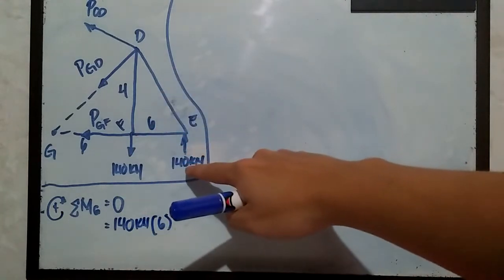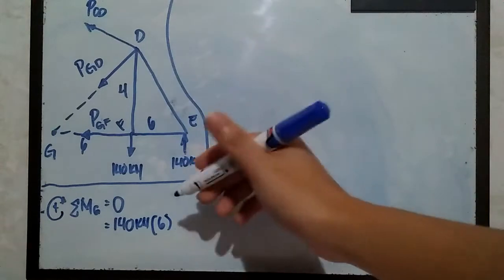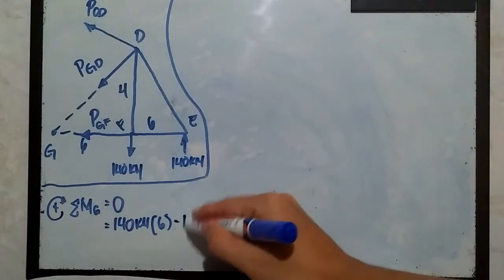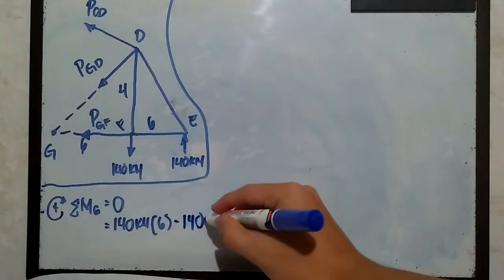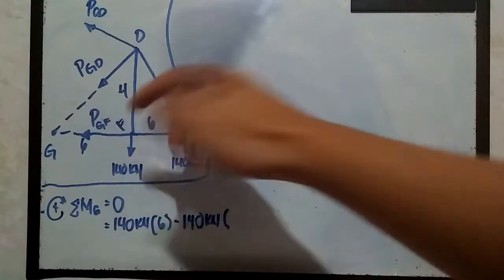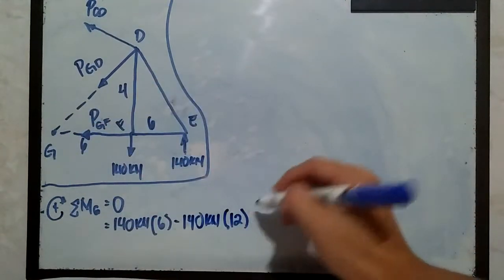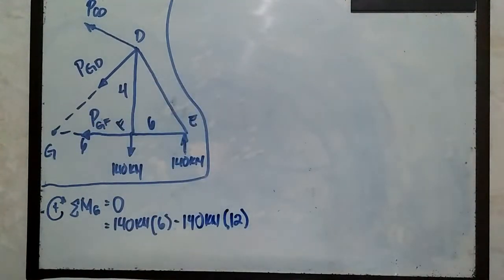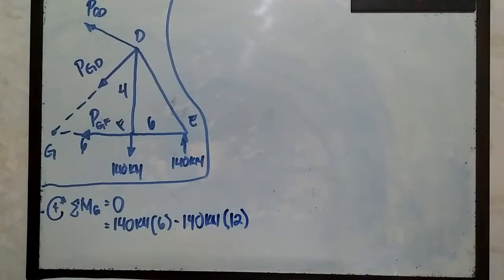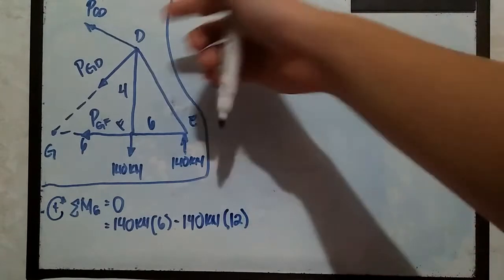Then we have here 140 kilonewtons going to rotate counterclockwise, so it's negative. 140 kilonewtons multiplied by, so that's 6 and 6, so 12.